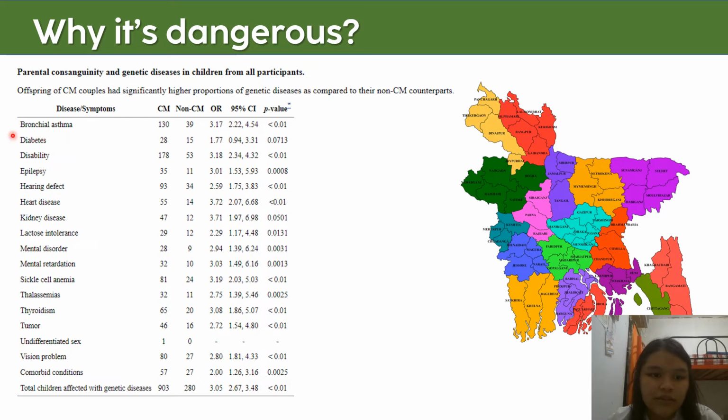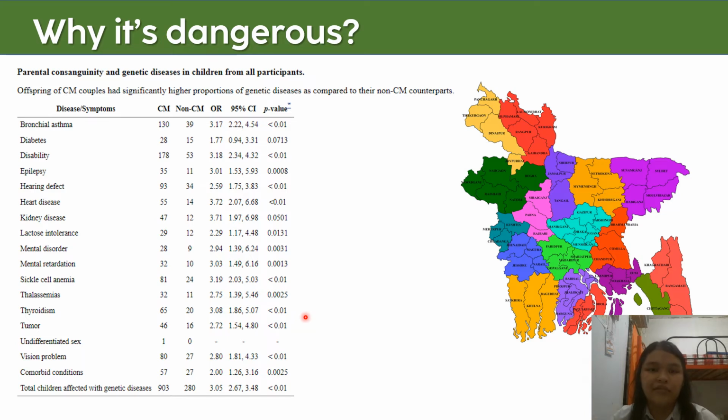For bronchial asthma, the CM number is way higher than non-CM. That means it applies. It's not just a theory. And in other diseases, we also can see this, like disability, CM way higher than non-CM, and it's real. It's not just a theory, and we have to be careful.